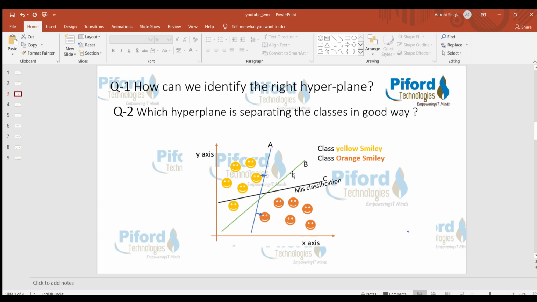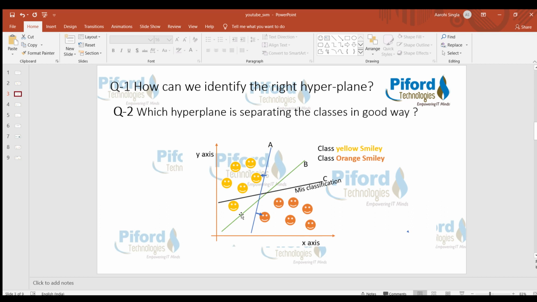Out of these three lines, we can see that the green hyperplane has the maximum distance from the nearest support vector. If we look at all the data points, this orange data point is the closest support vector to this green line, and this yellow data point is the closest support vector from this line.